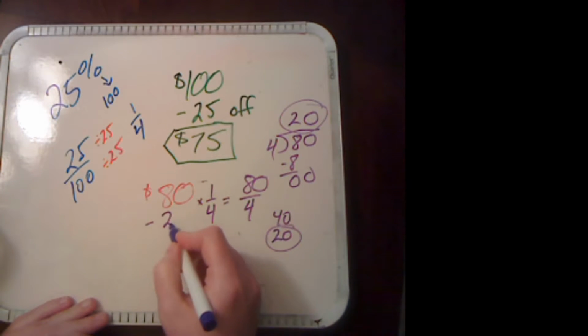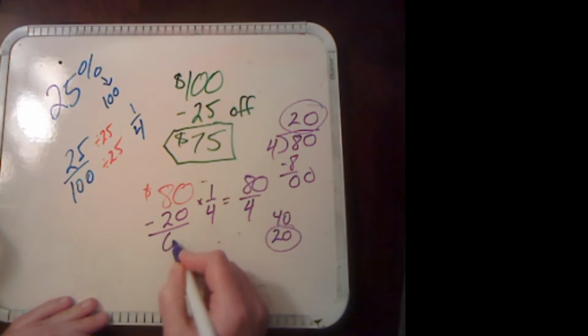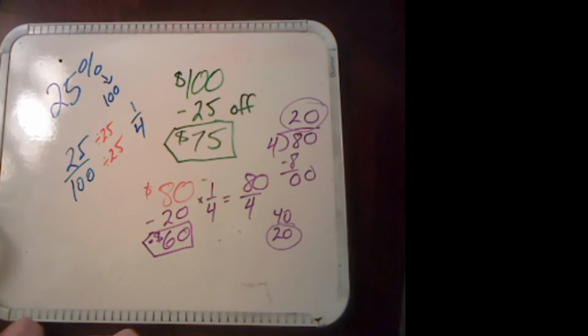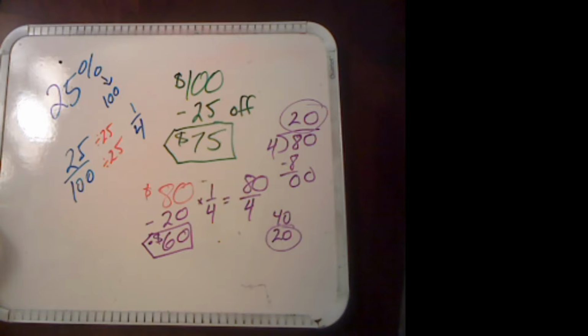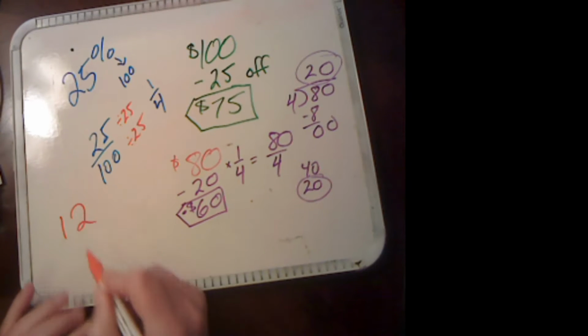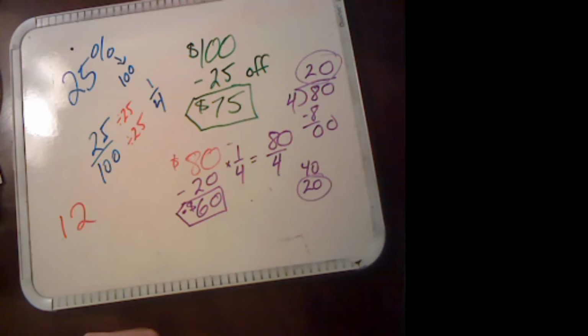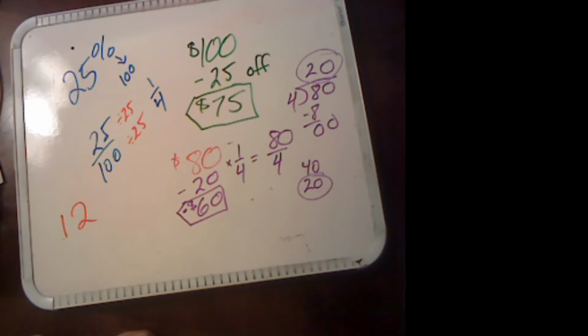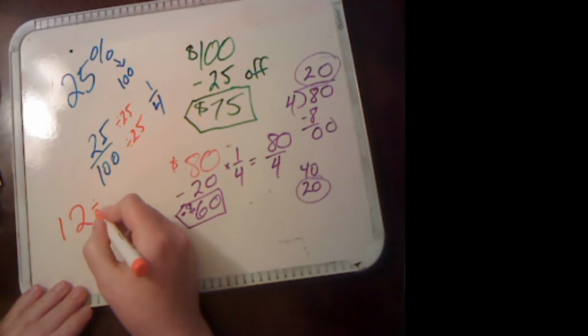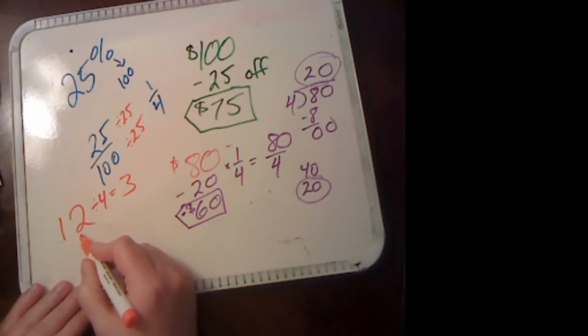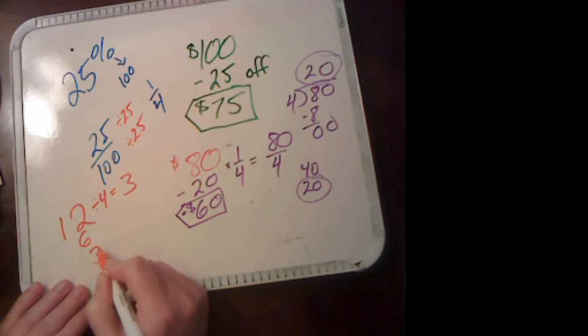So 80 minus 20, the new price would be 60 because you are taking 25% off. You are not spending 25%. If we look at, say, the number 12, to find 25% of 12, you're going to divide by 4, or you're going to find half of half. 12 divided by 4 is 3, or half of 12 is 6, half of 6 is 3.